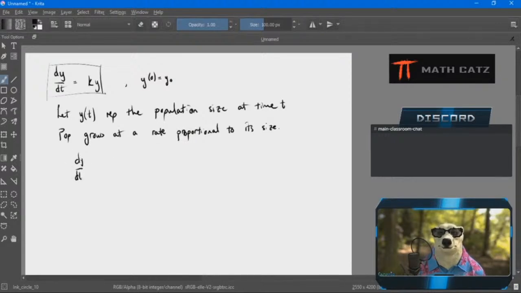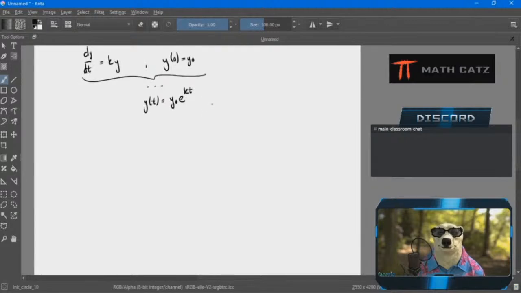Let me just copy the differential equation over here with my initial condition. This together, after a few steps, gives us our exponential growth function, initial population size times e to the kt. So it's important to note here that k is positive.